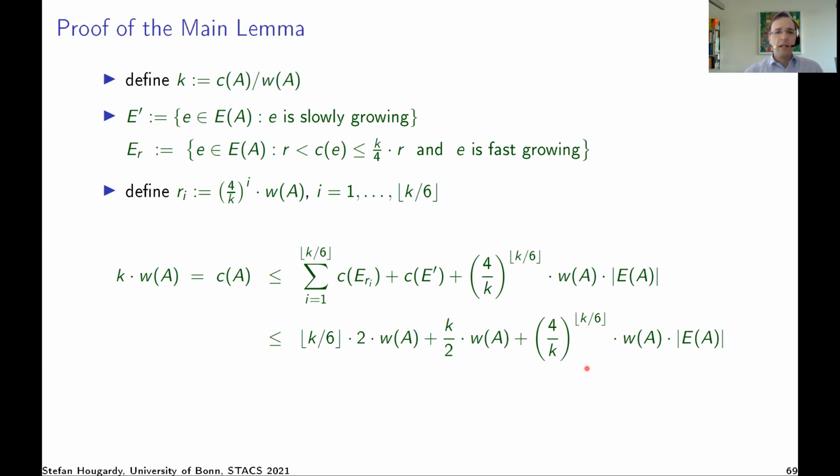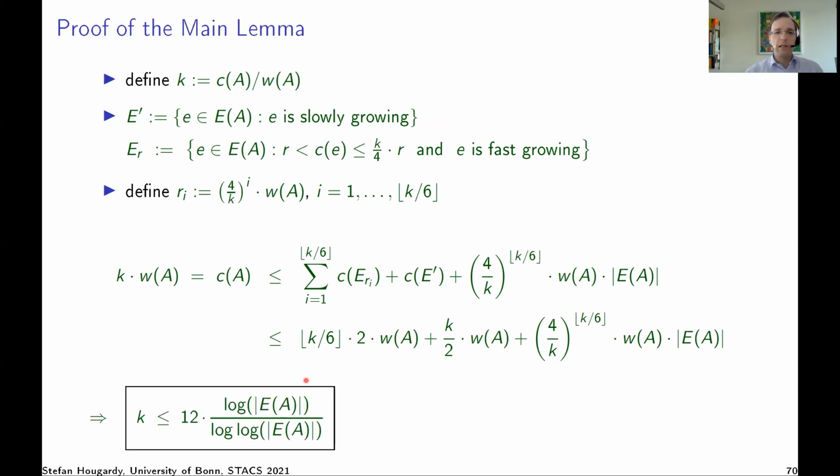And now we can divide this inequality by W of A. And if we do so, what remains is an inequality involving only K and the number of edges in our arborescence. And then after some algebraic manipulation from this inequality, we get the desired result, namely that we can bound K by 12 times log over log log in the number of edges of our arborescence.